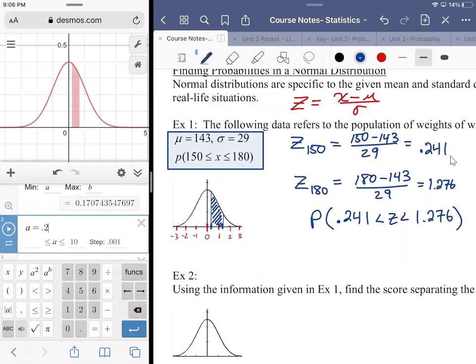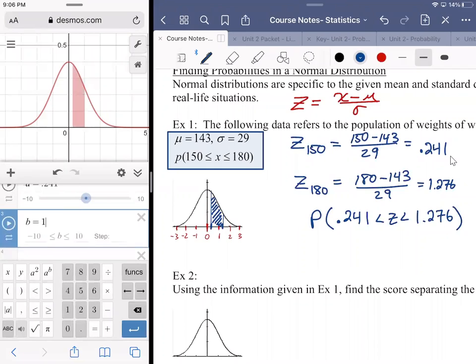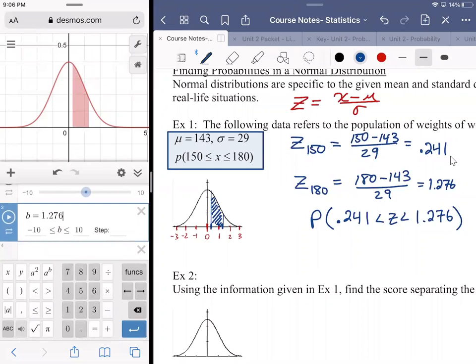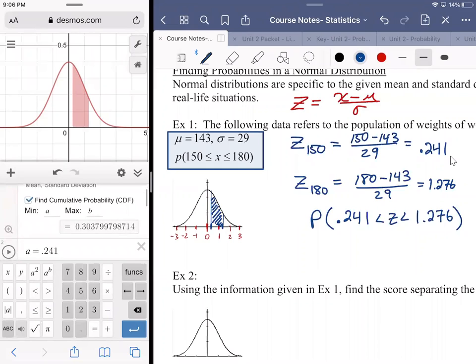So 0.241. And then on the high side, 1.276. And you can see the equivalent part of the graph is shaded from what we did on paper. So that's pretty good. Now let's see what that gave us in terms of a probability, about 0.304.